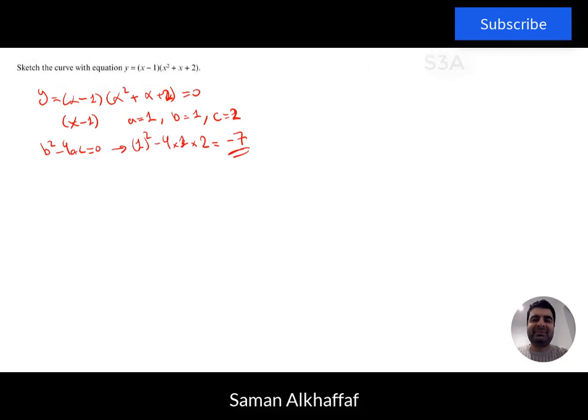So in terms of the points where it crosses the x-axis, we would have x minus 1 equal to 0, and because the discriminant is negative we cannot use the term x squared plus x plus 2.